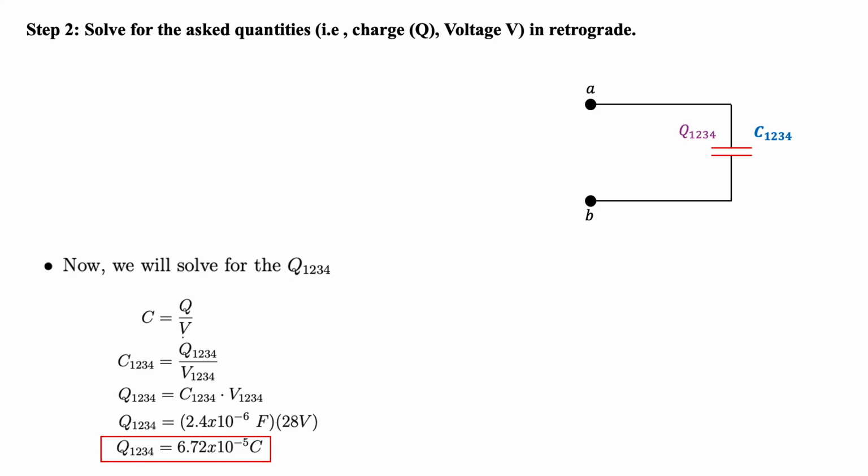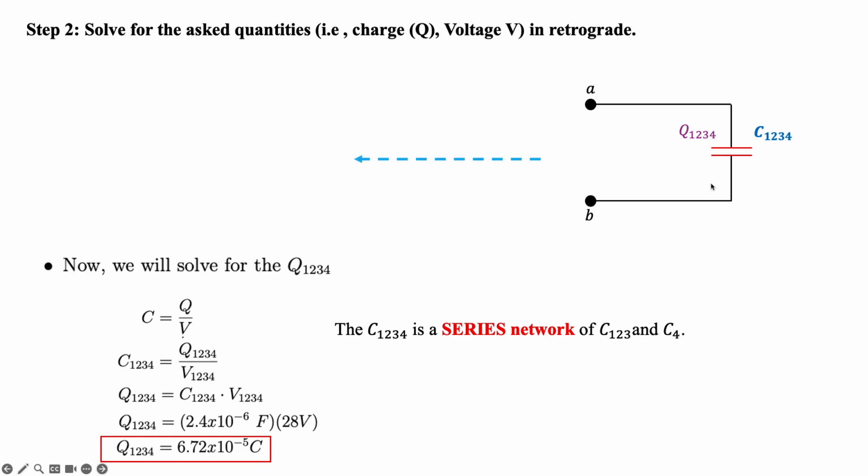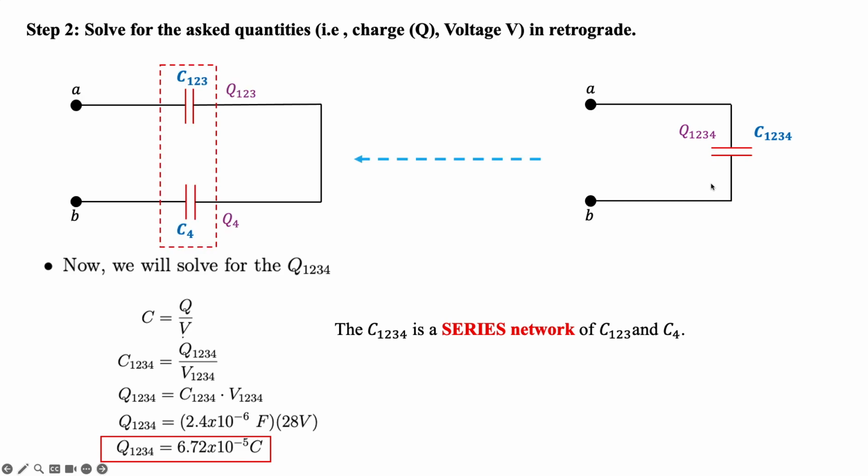Now, why is this significant? Because notice that the capacitor network C1234 is actually a series network of two capacitors, C123 and C4.